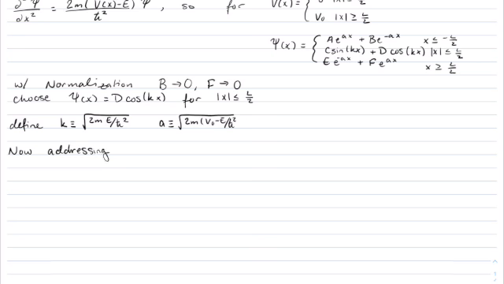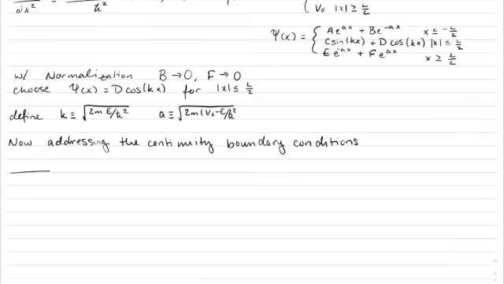Now we can deal with those boundary conditions that we set, those continuities. Here we have the smooth continuous wave function that we're solving for, and we can set the equations equal to each other at one of the boundaries.